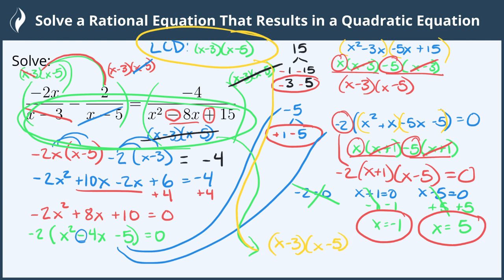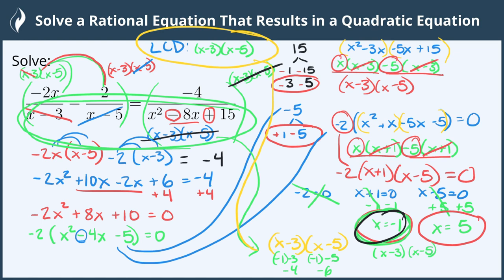If we substitute negative 1 in for either of these, we end up with negative 1 minus 3 is negative 4, and negative 1 minus 5 is negative 6. So x equals negative 1 is good to go. We can use that one. Now let's go ahead and try x equals 5. We'll put it into both of the factors, x minus 3 and x minus 5.